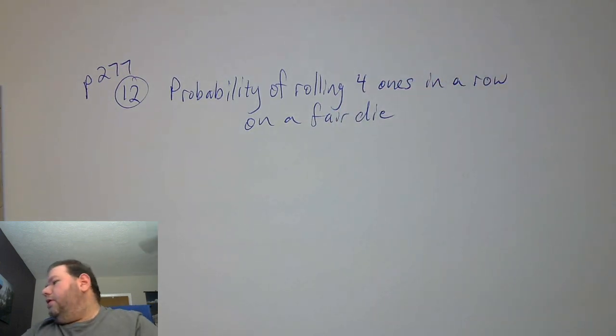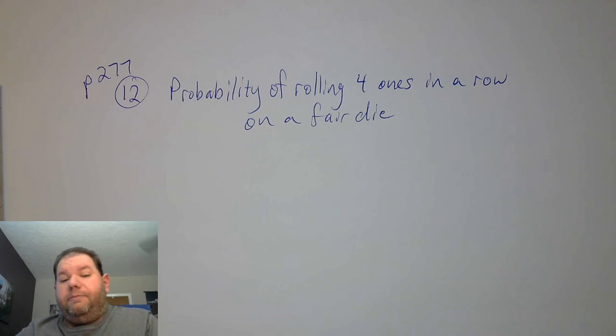Anytime we have something being repeated, just like when we saw the multiplication rule for 2 items, the same thing applies if we have more than 2 items. Each of the die rolls here is considered an independent event, and so we'll find the probability of each and then multiply all 4 of the values together.